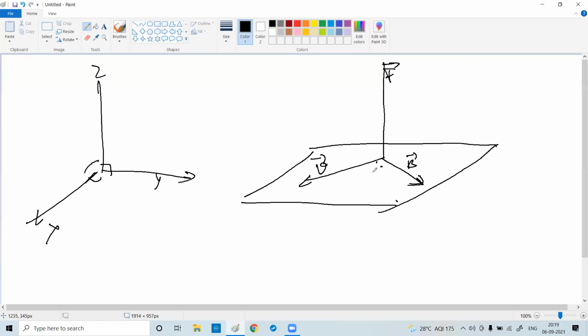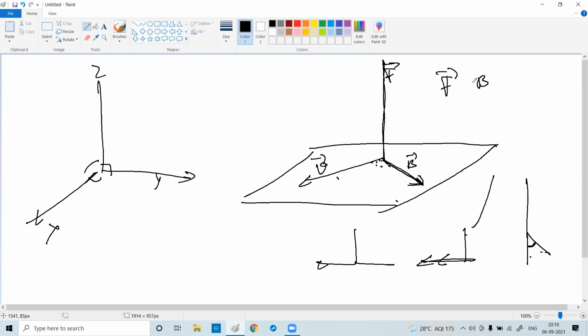F is always perpendicular to both B and V. But V and B may or may not be perpendicular. You might have values like this, where B and V are not 90 degrees. There can be like this also. But the angle between the force F and B, and F and V, is always 90 degrees.